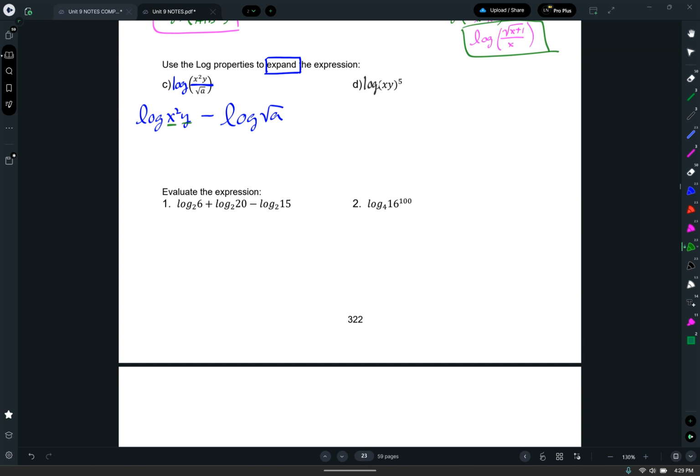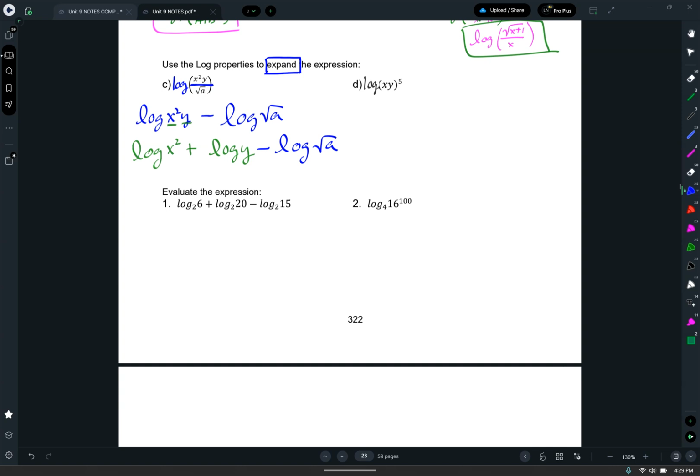So using that first log property, I could separate that into addition. So it's going to be log of x squared plus log of y, and then I still have the subtraction of log of square root of a. So I'm stretching it out into as many logarithms as I can.